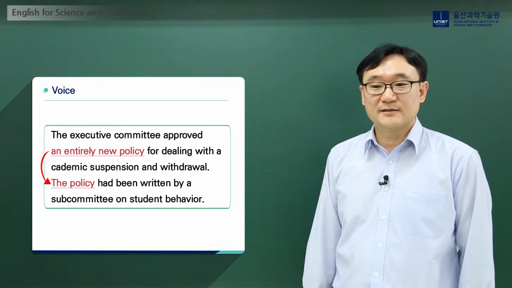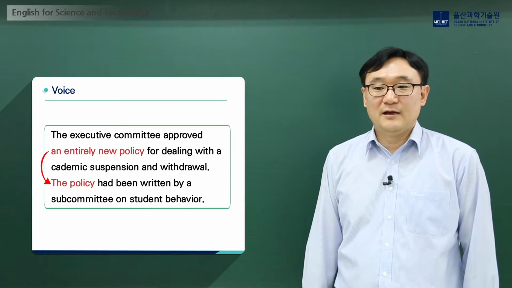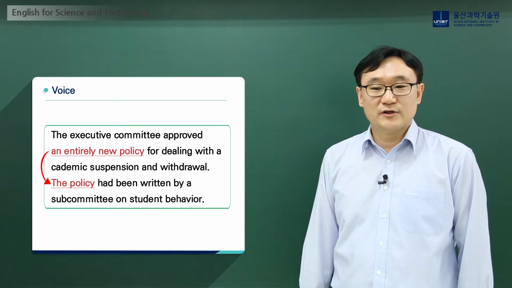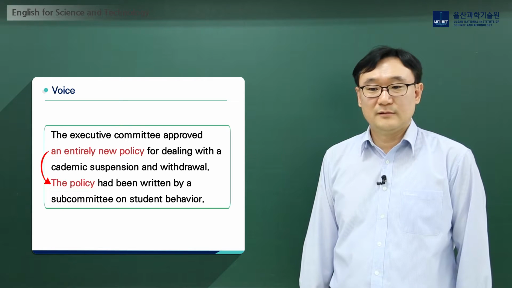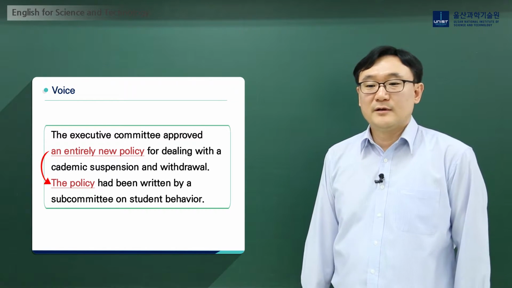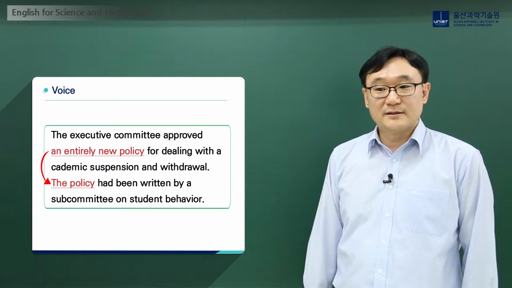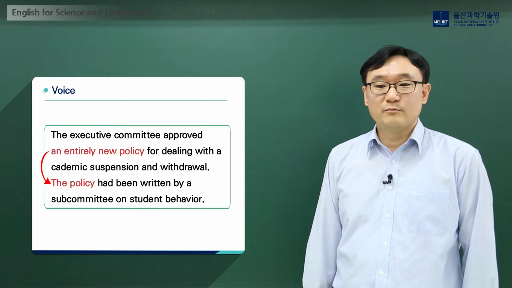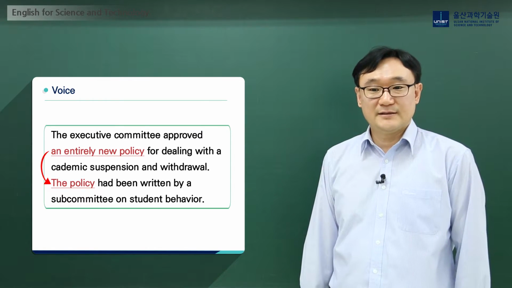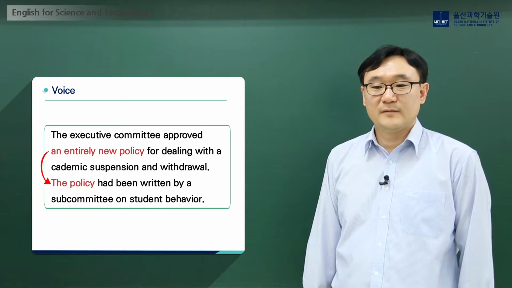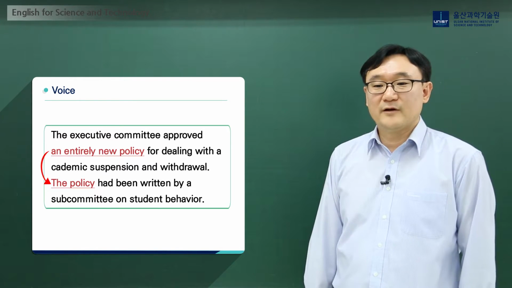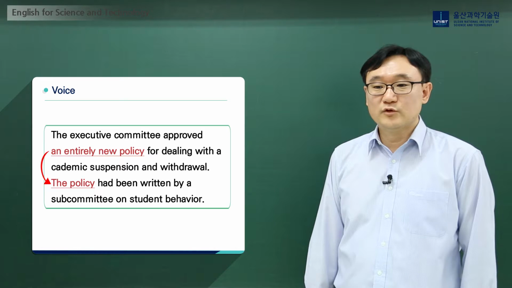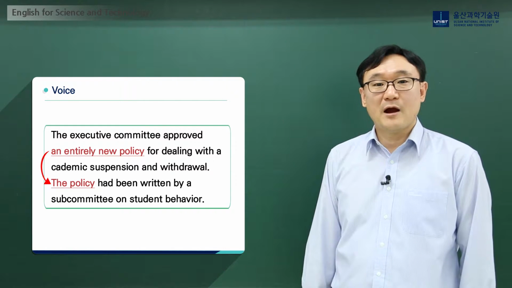If the second sentence starts with, like, a subcommittee on student behavior in active voice, the idea of policy is not connected between the first and the second sentence. This is a matter of information flow, moving the emphasis in a paragraph.